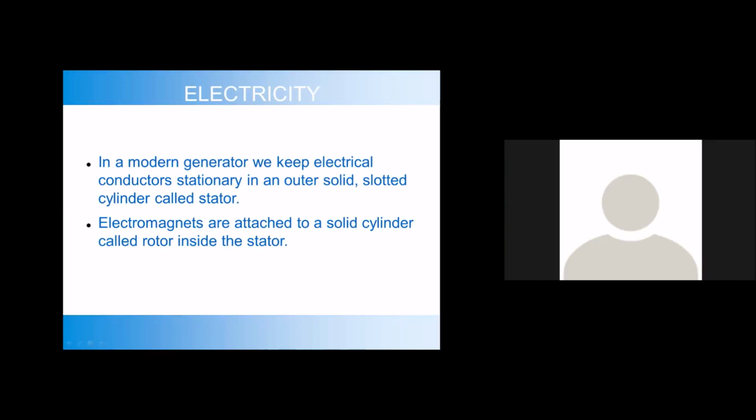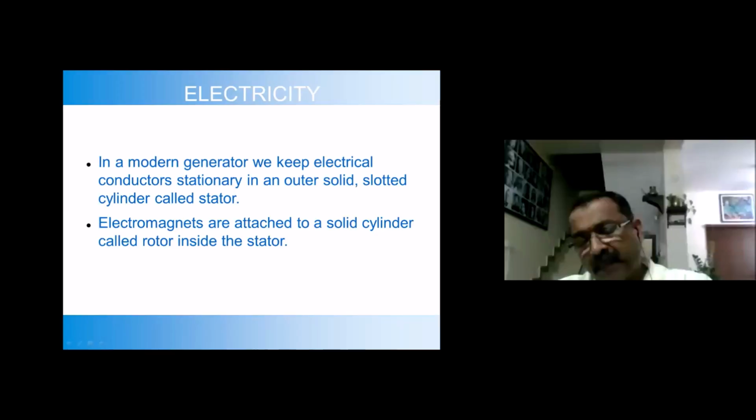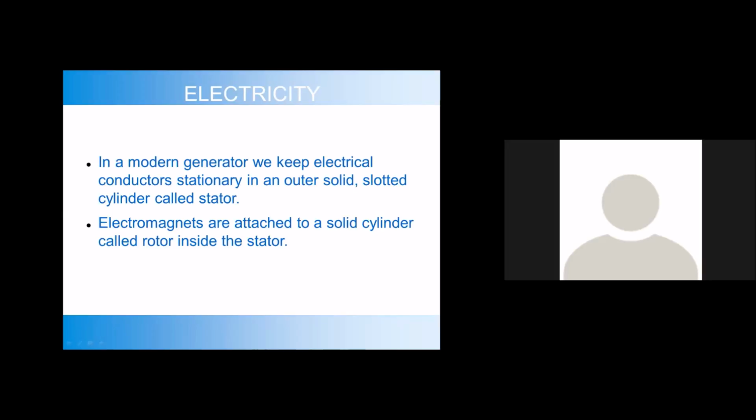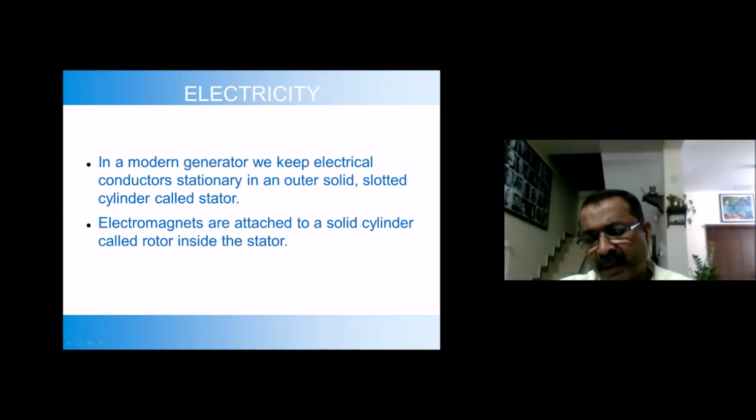So if we make a motion near a magnet with this electrical conductor, one special thing will happen: these electrons will flow from one end to the other end. So that at one end there will be more and more electrons.